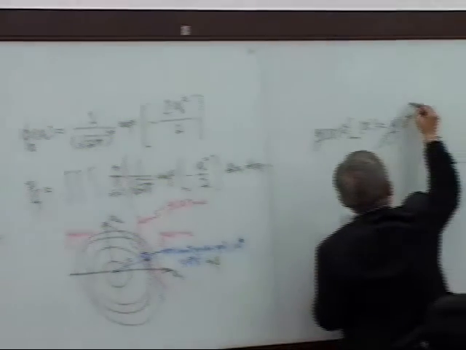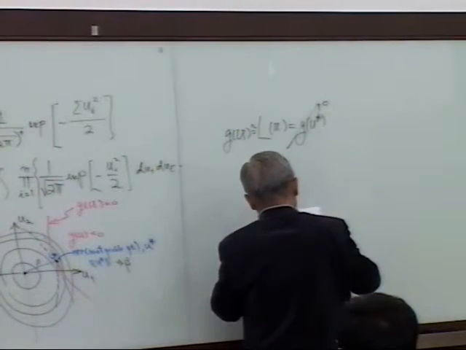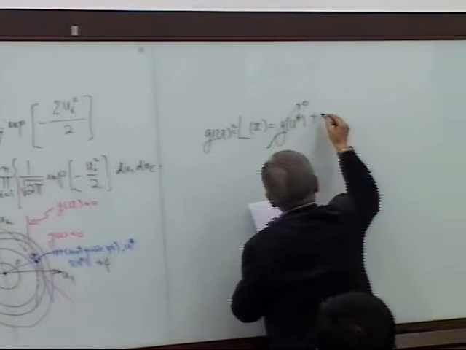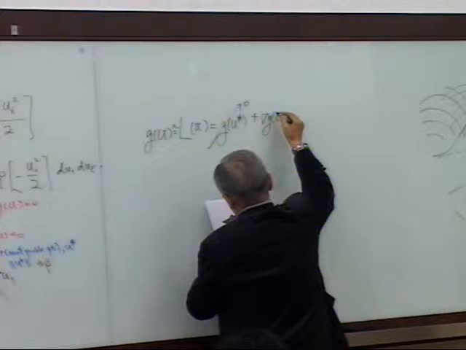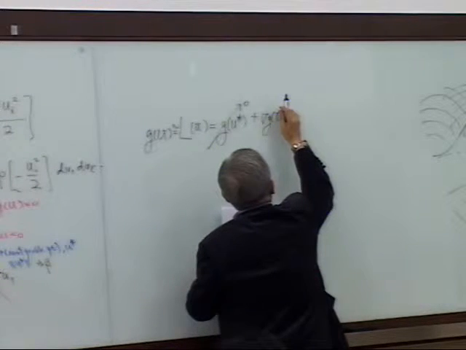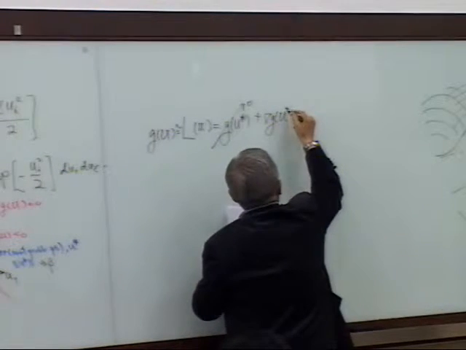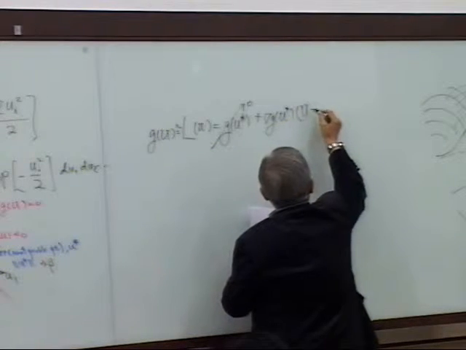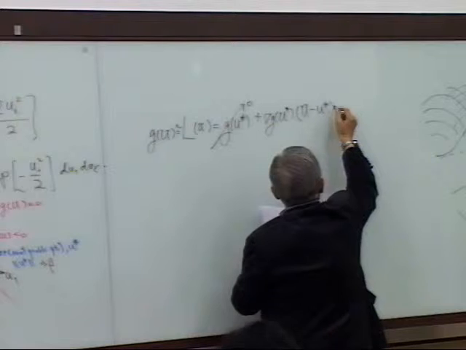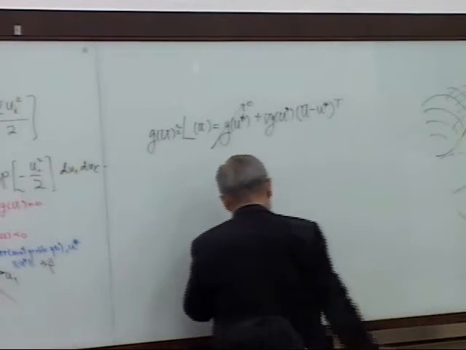So this you can set equal to 0, then you have a gradient of G at U star and (U minus U star) transpose.